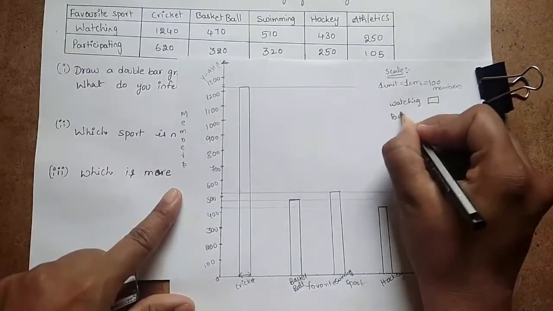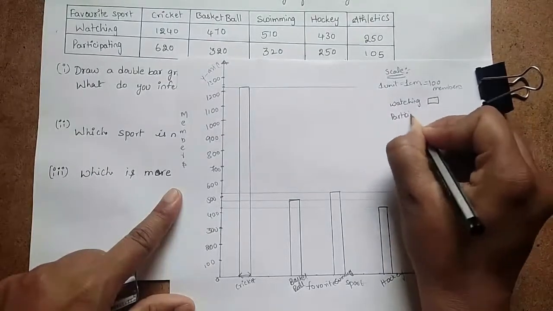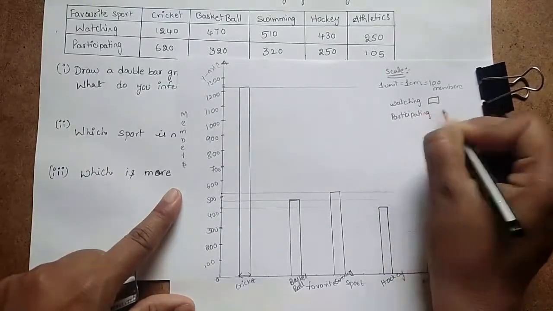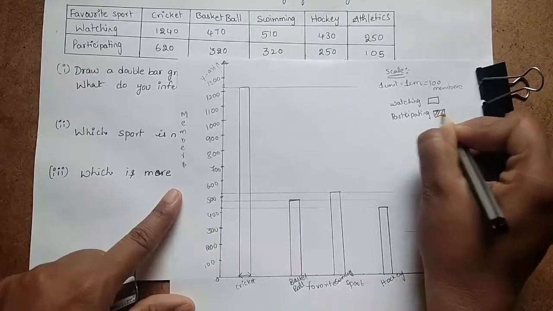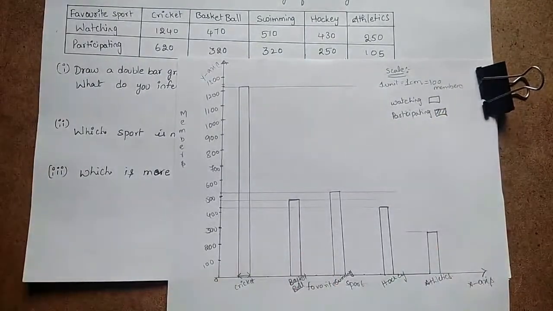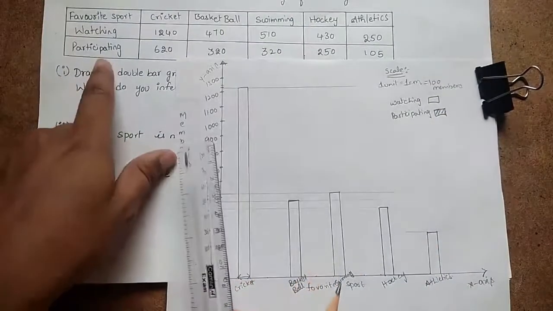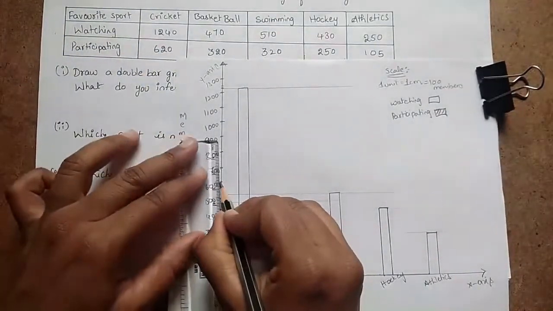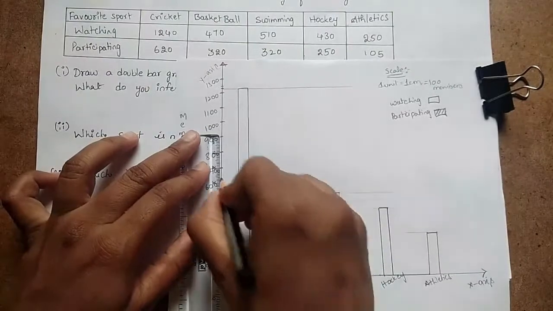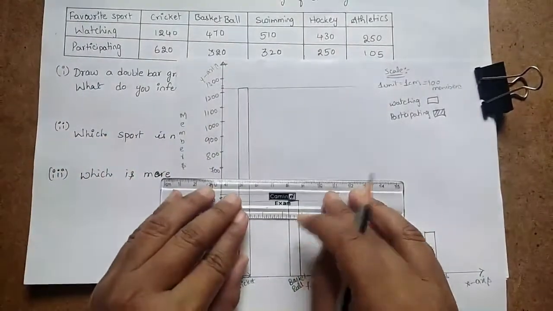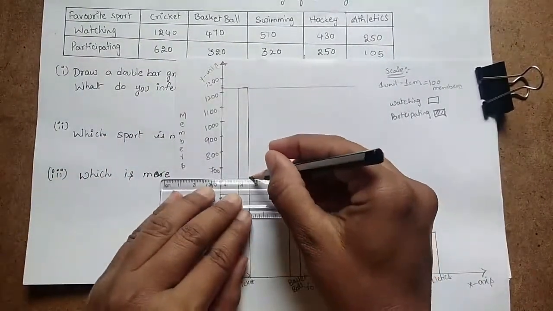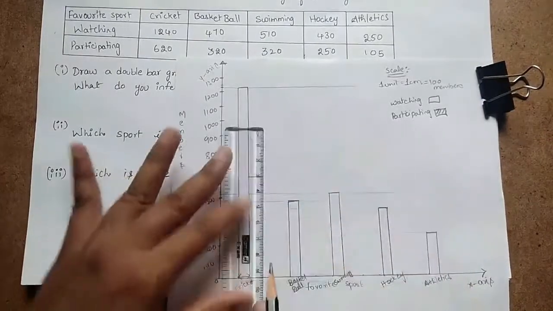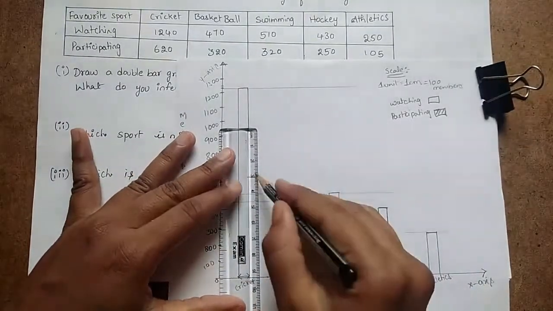Next, participating is in a checkered box. So like this, we don't get confused with the bar graph. So participating is 620. So 600 is this, and 20 is nothing but 2 centimeters. So make a small invisible line like this. Take the same width.